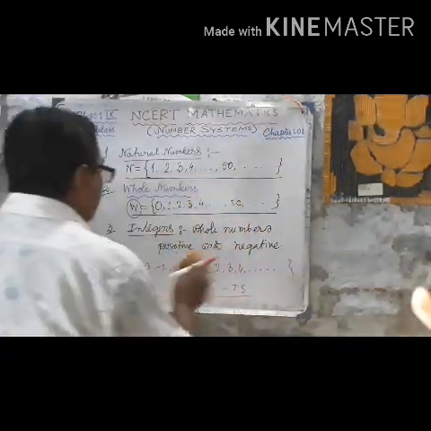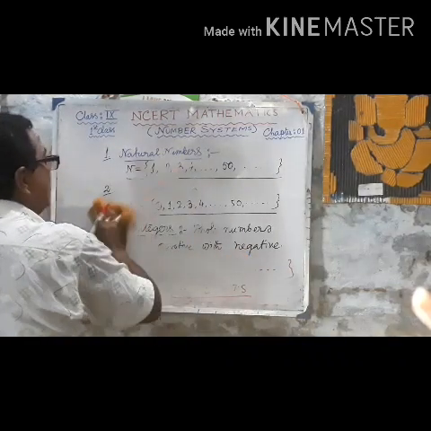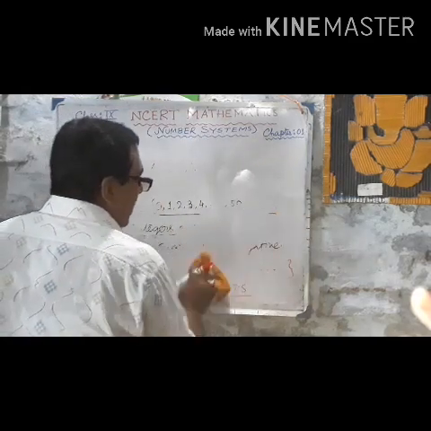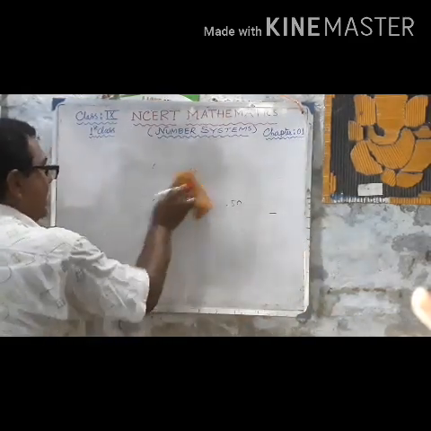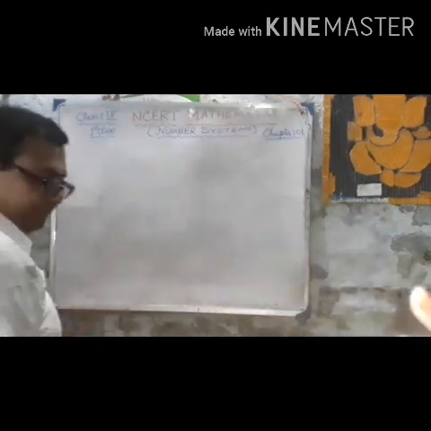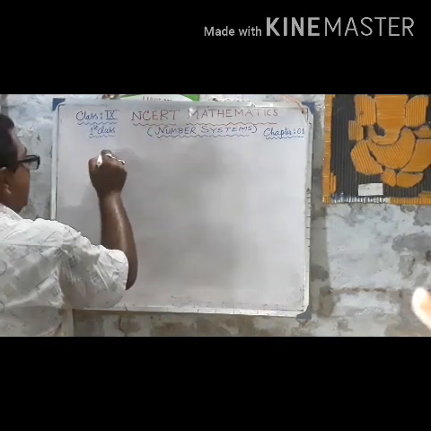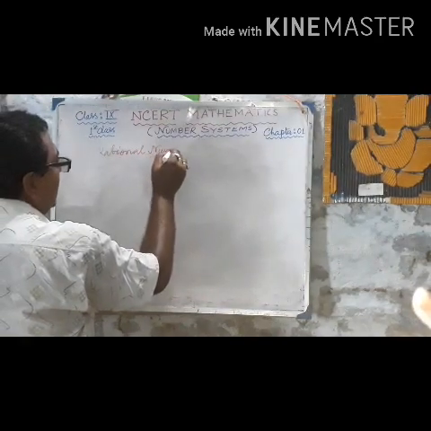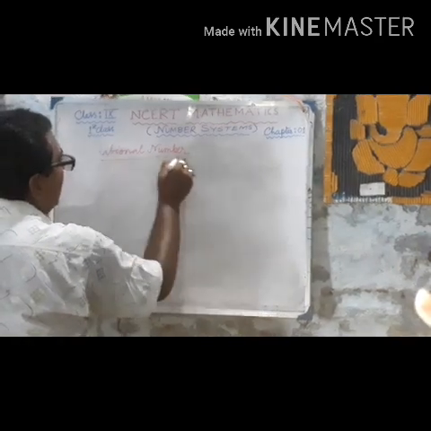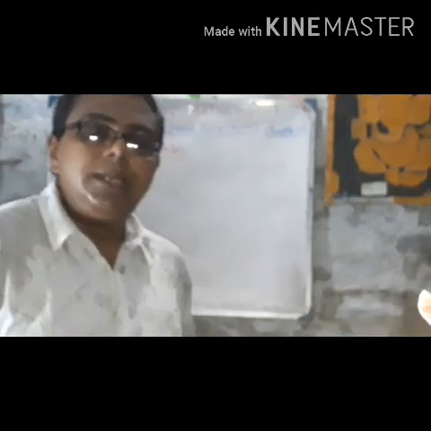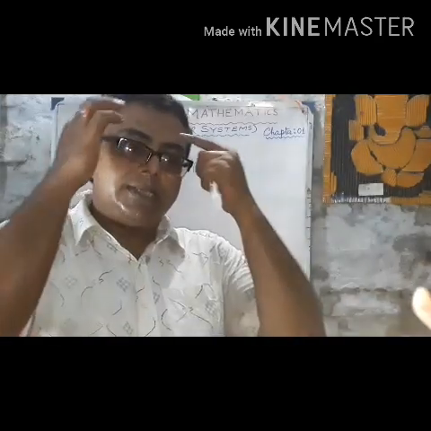Then we have to discuss rational numbers. What is called a rational number? When a number can be expressed in the form of p by q.